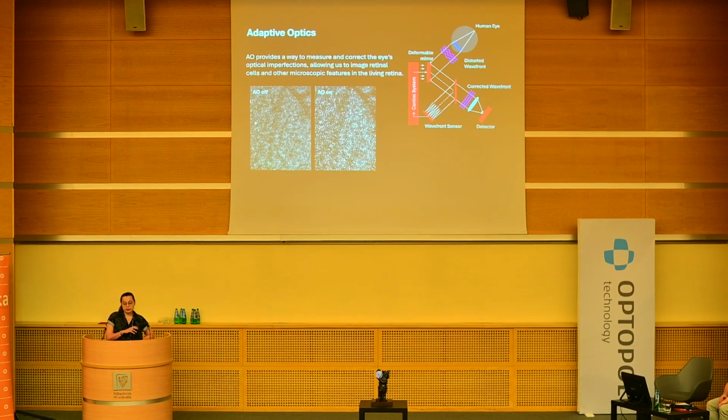This distorted wavefront goes to the wavefront sensor that sends information about the existing aberration to the deformable mirror, and it modifies its surface to correct this aberration. Thanks to this procedure, we are able to image the eye structure with higher resolution. As you can see in this image, you are not able to see the cones clearly, and with AO, they are much more visible.